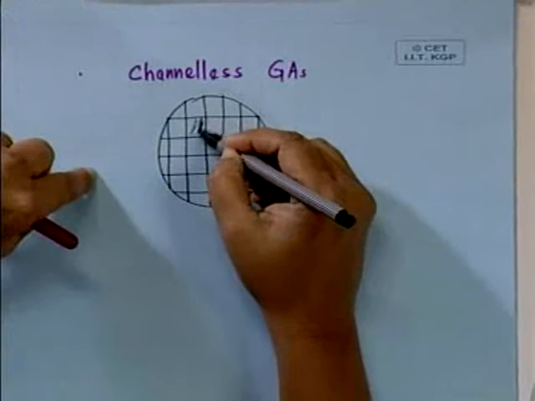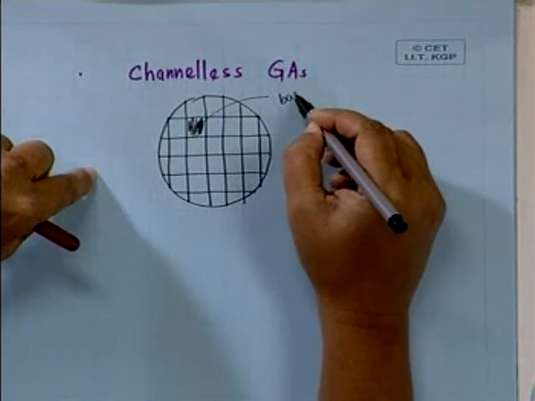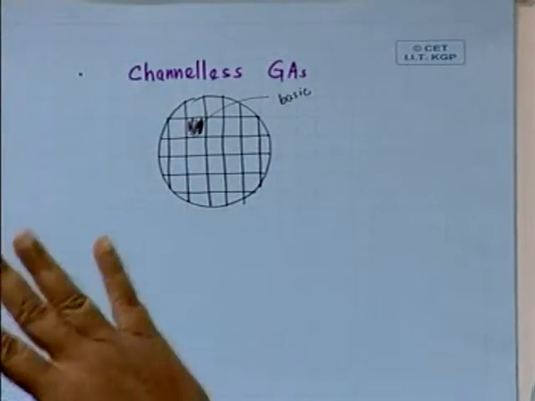Here all these are basic cells, and normally a few top layers, the metal layers, are kept for interconnections. That is why here the density is much higher than that of the channeled one.